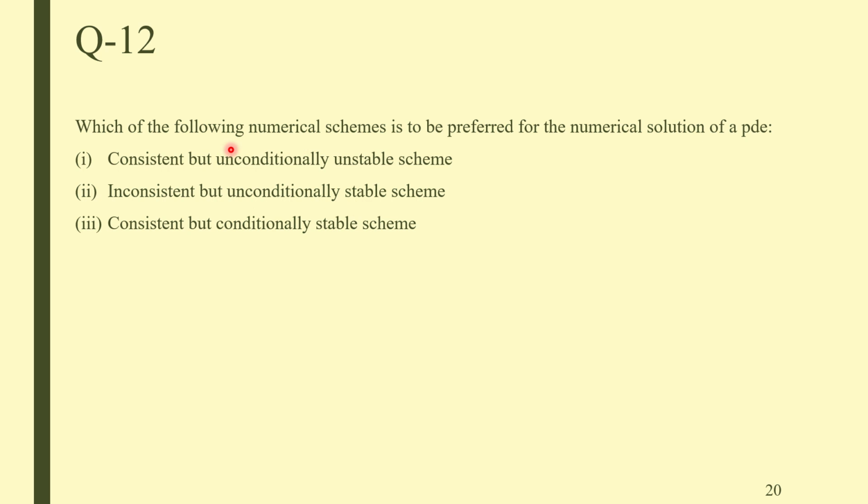So the numerical scheme to be preferred for the numerical solution of a PDE is consistent but conditionally stable. So the third statement is the only right one. Option A, 1 only; option B, 2 only; option C, 3 only; option D, not 1, not 2, not 3. So we will prefer the third statement, so C is the right answer: consistent but conditionally stable.